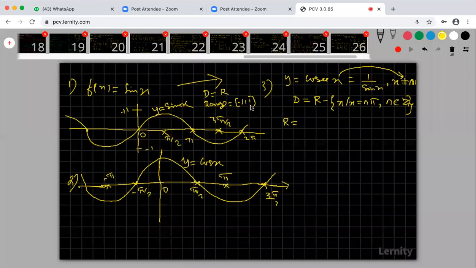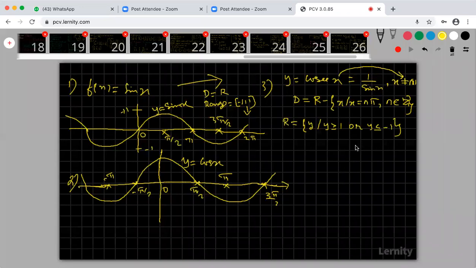The range of cosecant x, being a reciprocal function, lies outside this interval minus 1, 1. So the range of the function is the set of y such that y is greater than or equal to 1, or y is less than or equal to minus 1. Since sin x lies between minus 1 and plus 1, the reciprocal function takes values outside of this interval, that is, y greater than or equal to 1 and y less than or equal to minus 1.